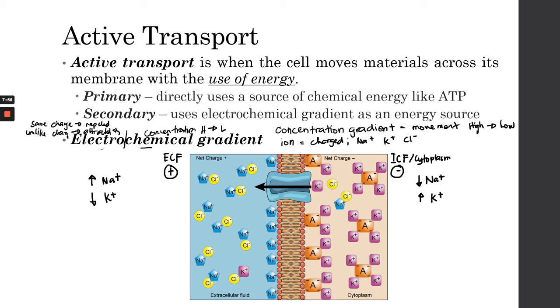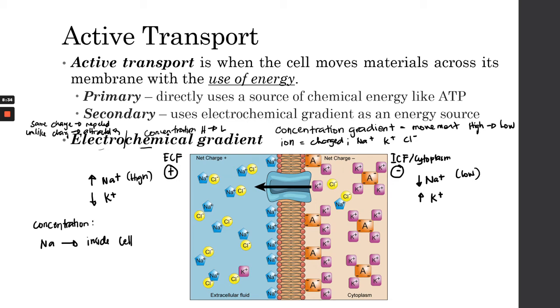As for the concentration gradient, part of the electrochemical gradient, sodium would always want to go inside the cell. The reason for that is because of concentration gradient, there is always a higher concentration of sodium outside compared to the lower concentration of sodium inside. And from concentration gradient, we learned that there's always a movement from high to low.